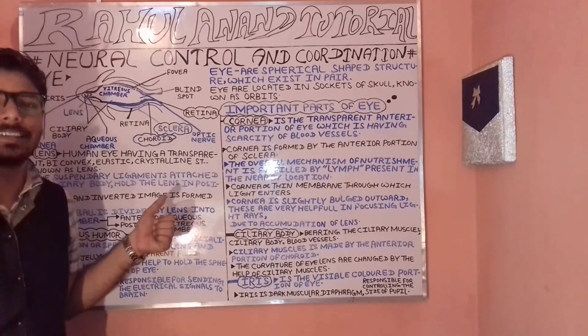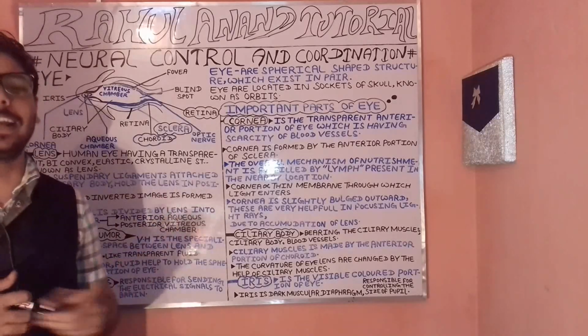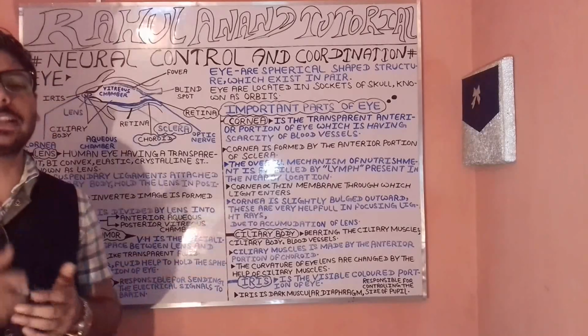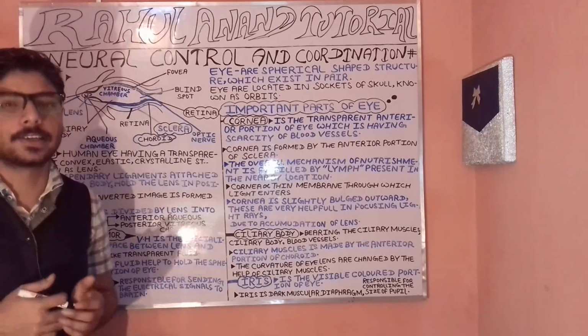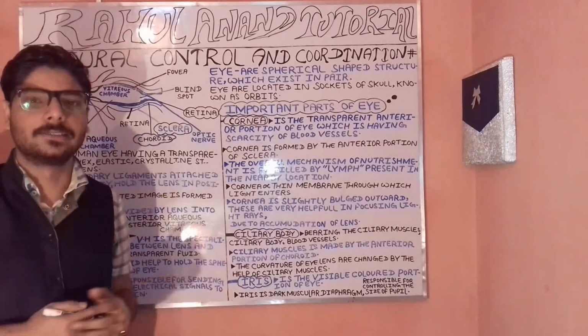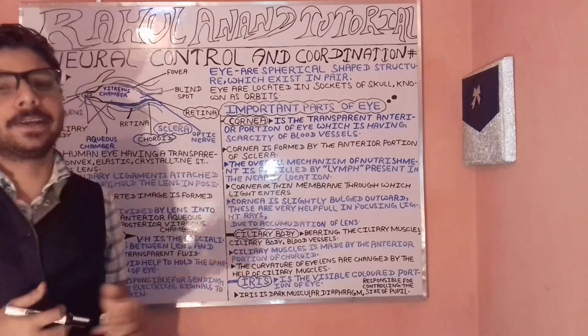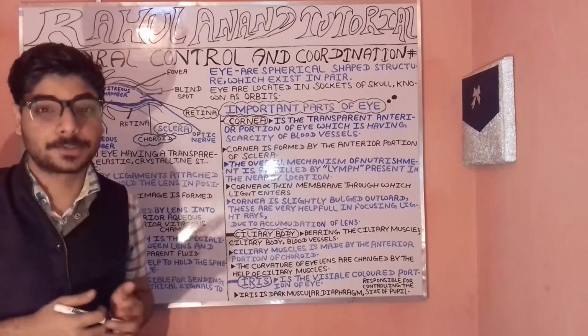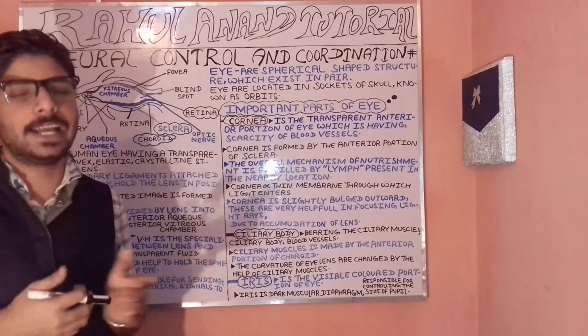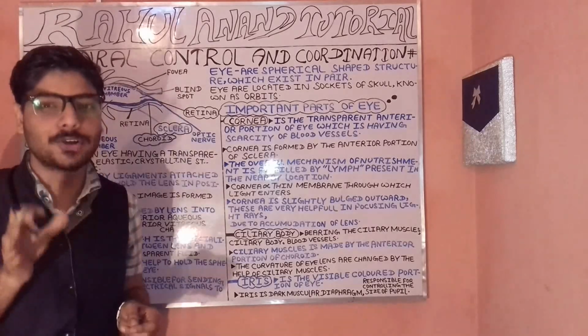Now let's understand the lens. The lens is transparent, biconvex, elastic, and a crystalline structure. You can find it on the board here. In this case, we have the suspensory ligament, playing an important role to attach the lens to a specialized portion.